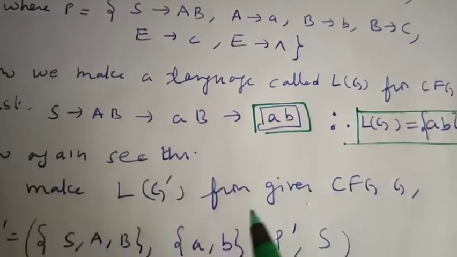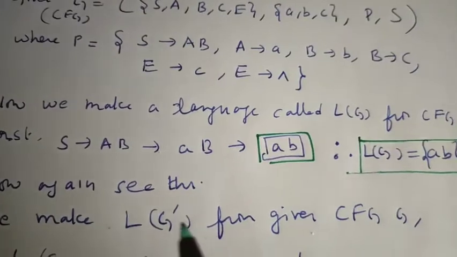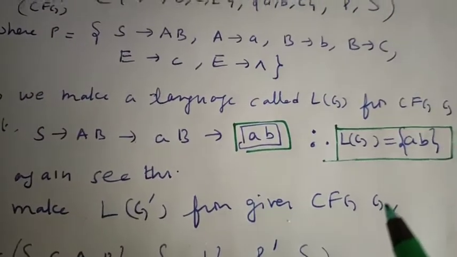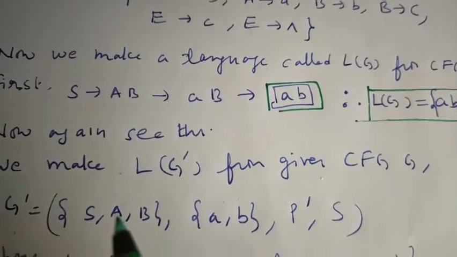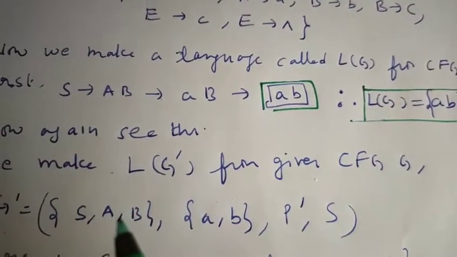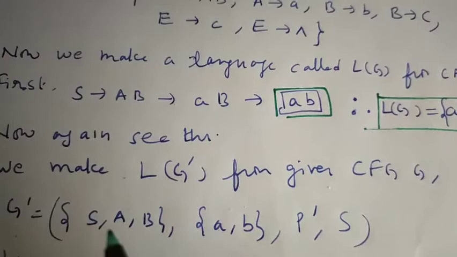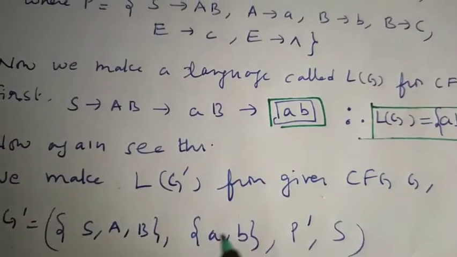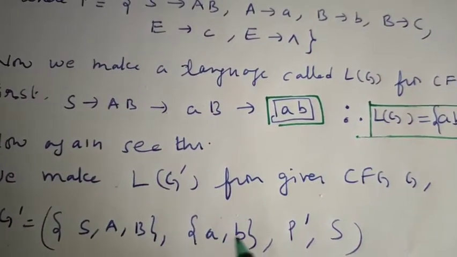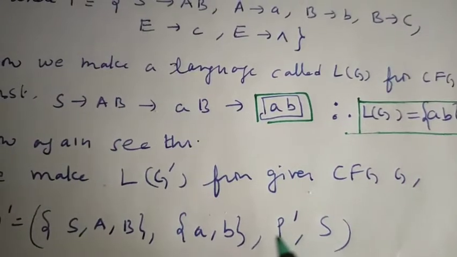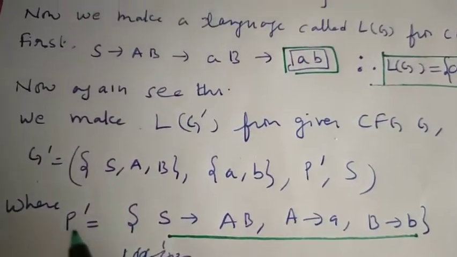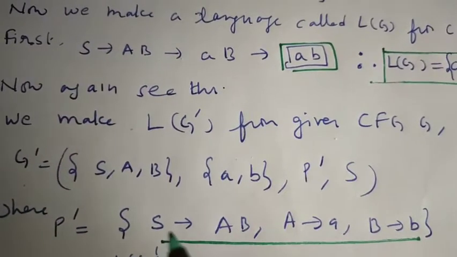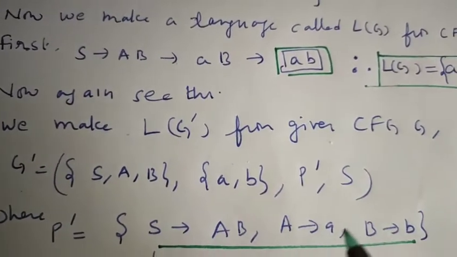Now, see, we are making another grammar G dash from the given CFG, which I have customized. I have taken some symbols from G, that is S, A, B. In sigma we have taken a and b, and the productions we are making, that is P dash, with the start symbol the same. For P dash I have customized: S tends to AB, A tends to a, and B tends to b.